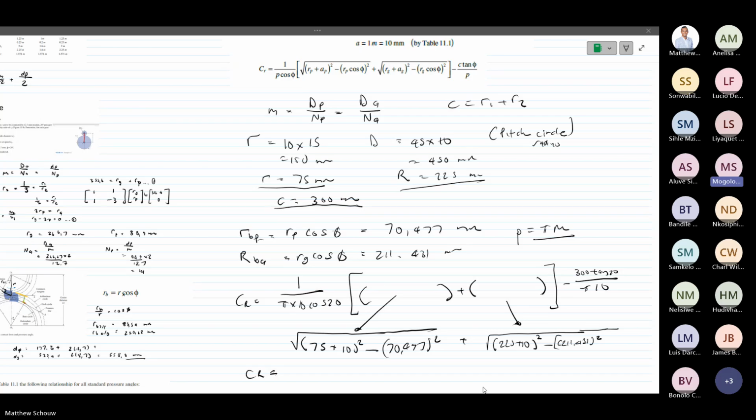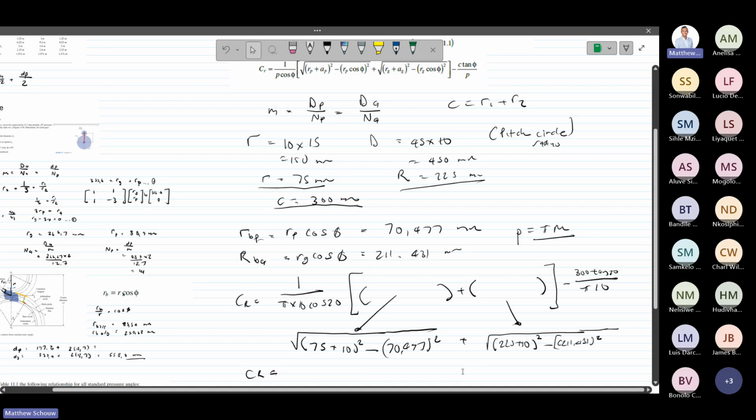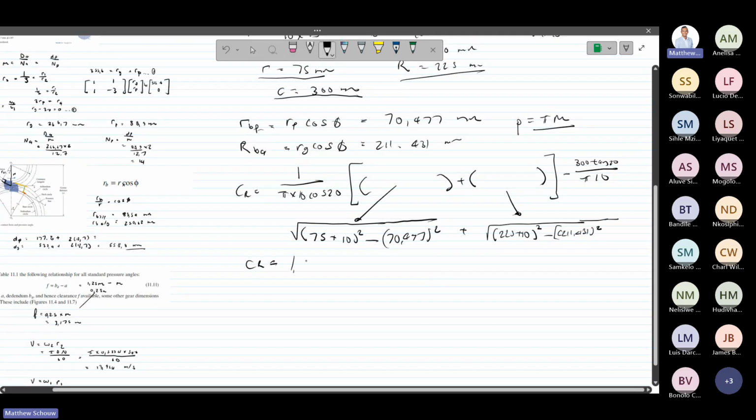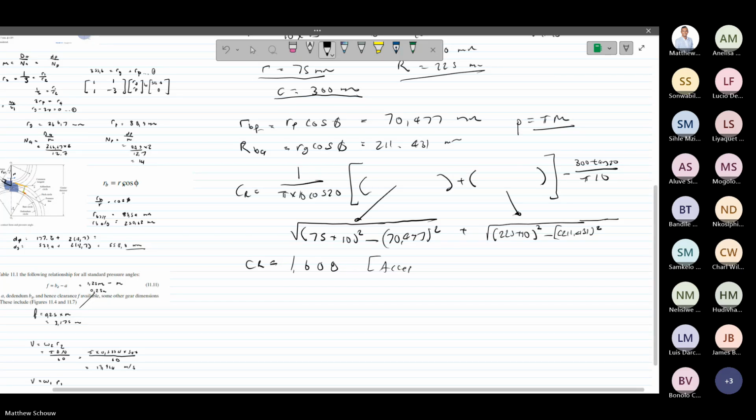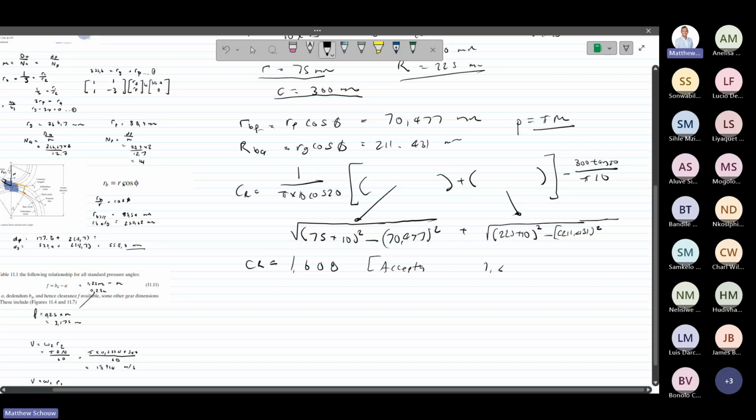I get 1.608. Perfect, man. Thanks, Milo. 1.608. Again, that's an acceptable value, right? We can make a note of that, as long as we're between the range of 1.4 to 2. That's what is key for spur gears.